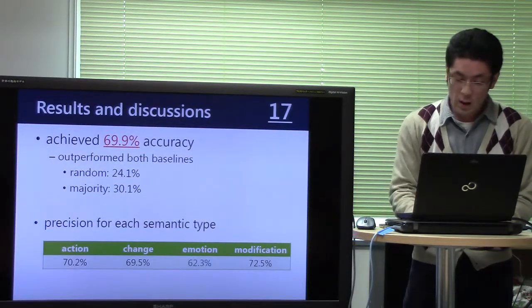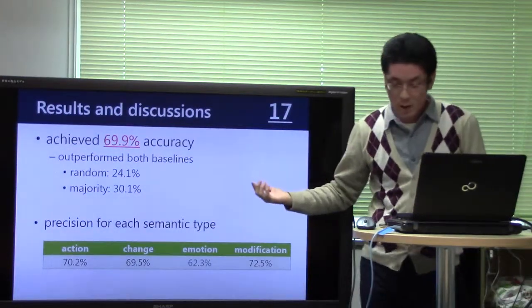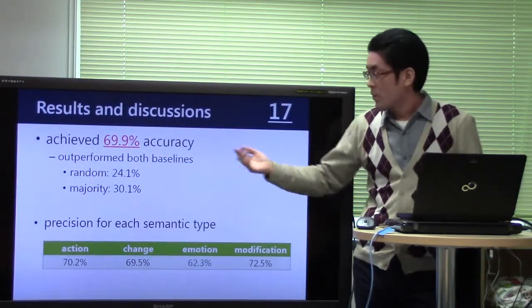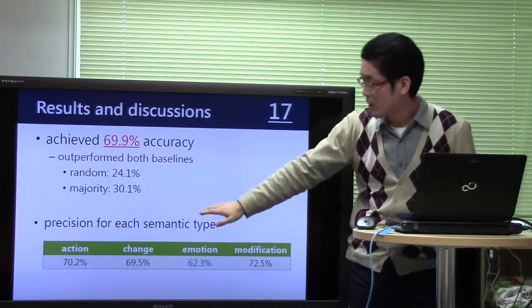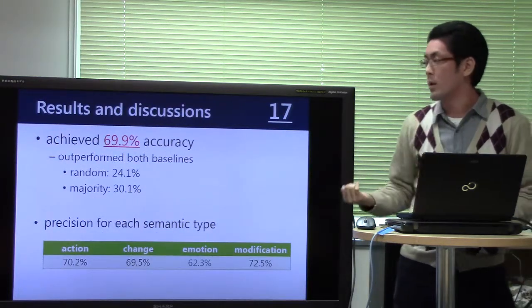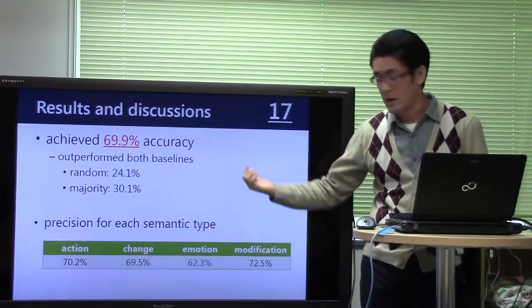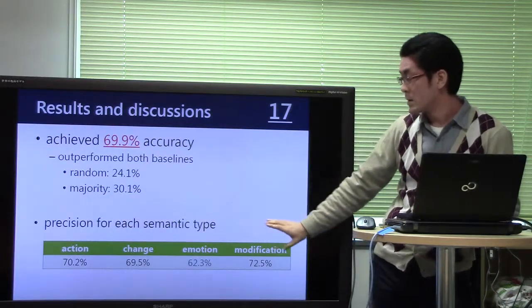As a result, our disambiguator achieved 70% accuracy, while the random baseline achieved 24% and majority 30%. So the disambiguator outperformed both baselines. The table shows precision for each semantic type.